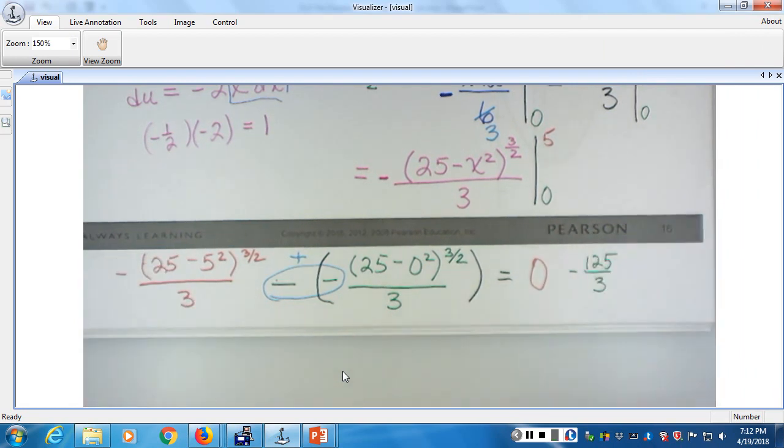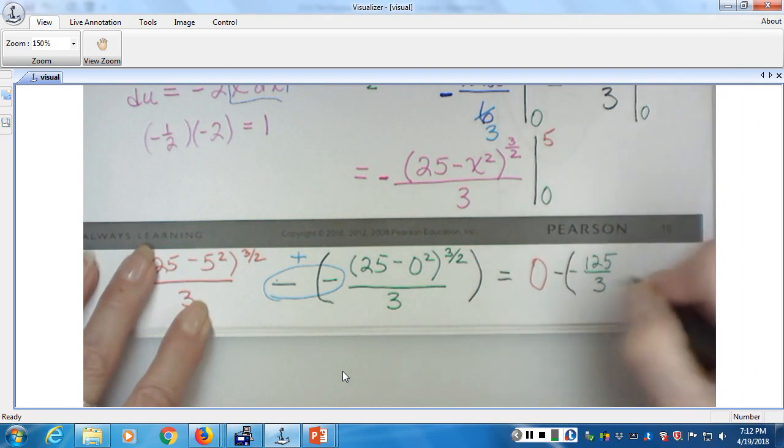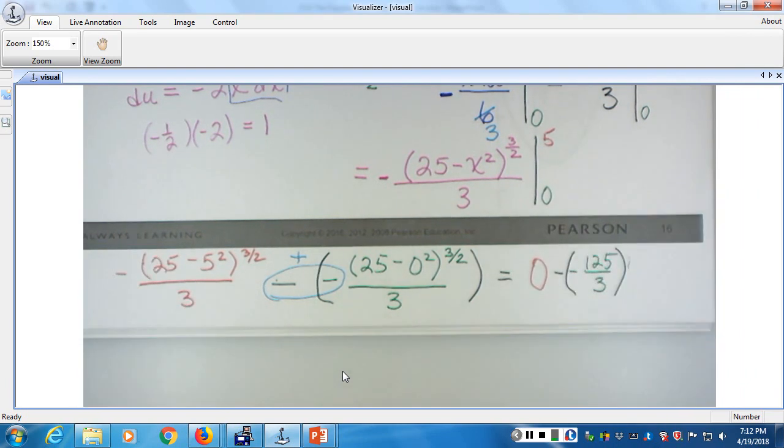And since we're subtracting that, just like I already mentioned to you over here, that's actually going to turn out to be positive.